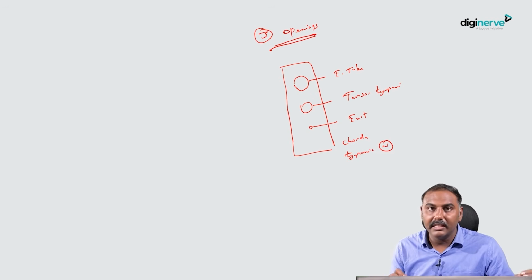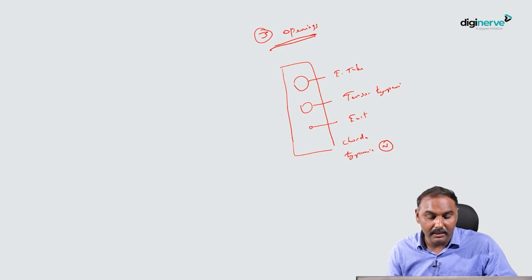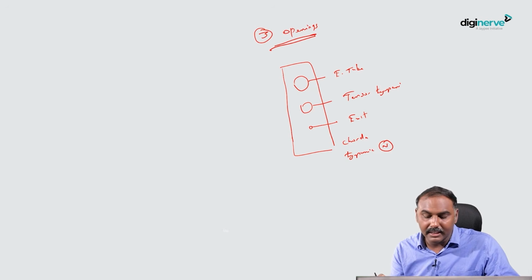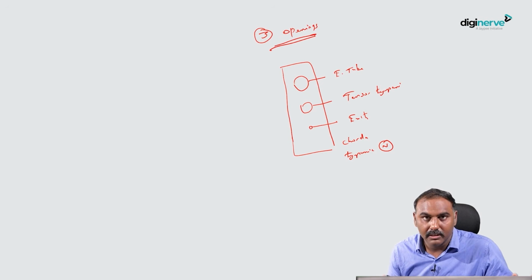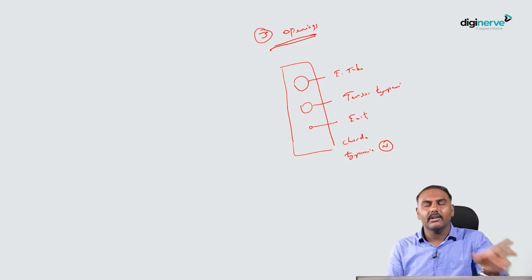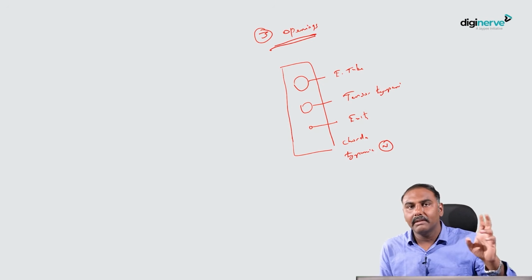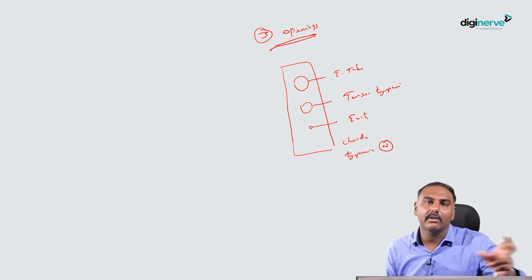So there are three openings in the anterior wall of the middle ear. Okay, they will ask you, all of the following are seen in the anterior wall of the middle ear except, or they may ask you, which of the following is seen in the anterior wall of the middle ear.